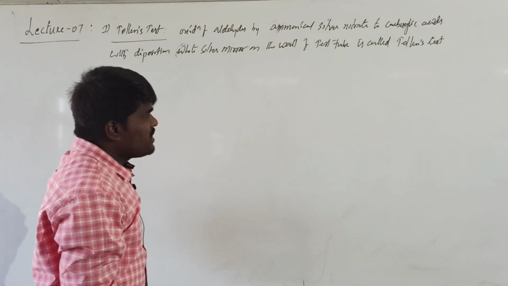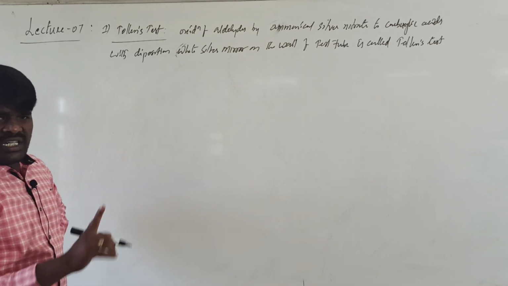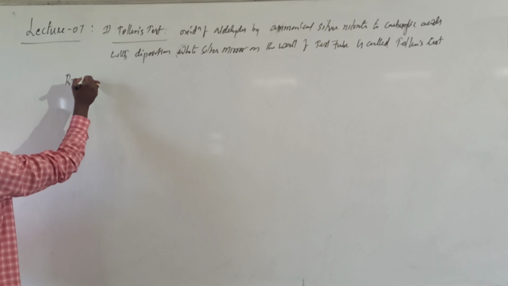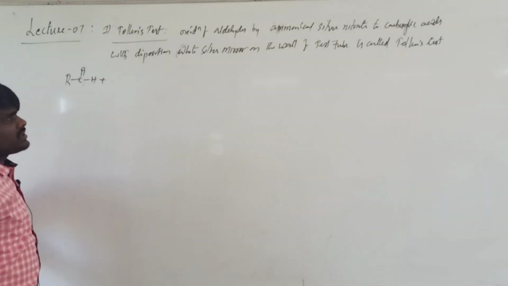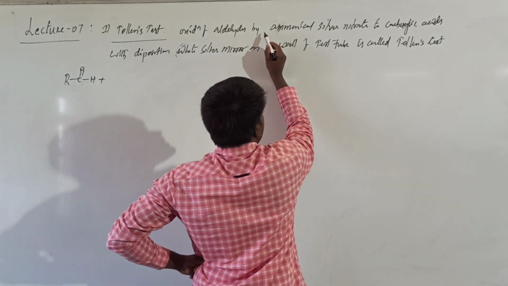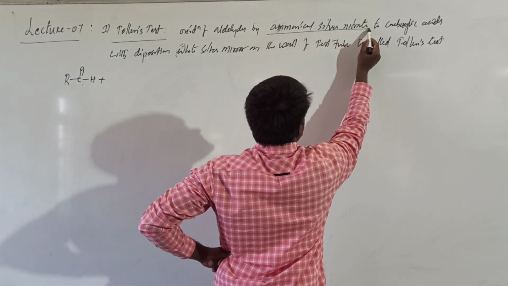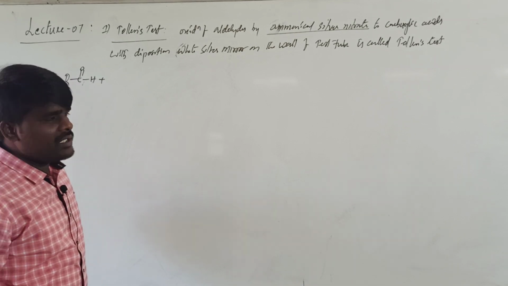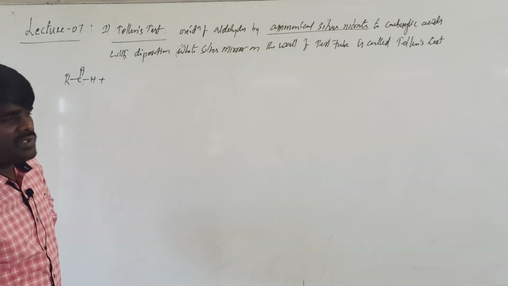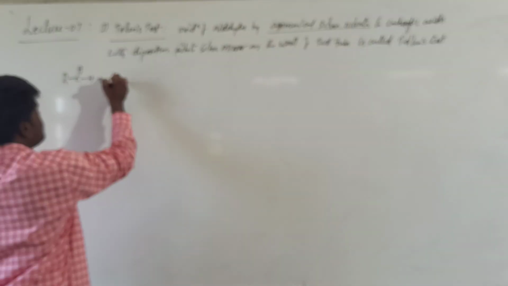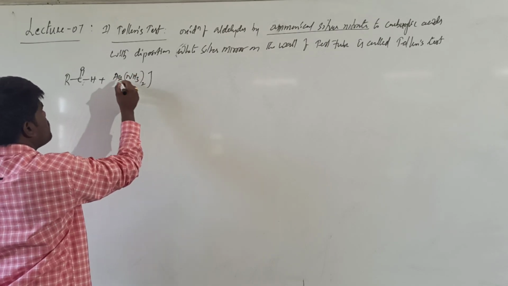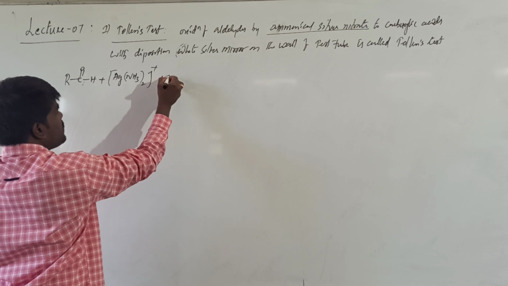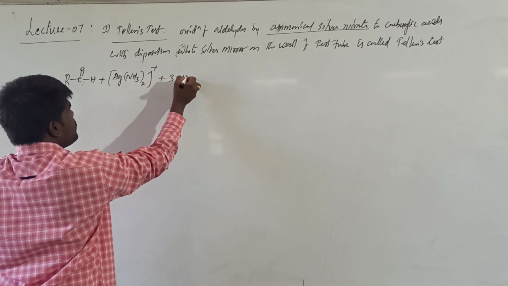Only aldehydes will give this. So what is the general formula? This is the aldehyde. When you treat this with Tollens reagent, ammoniacal silver nitrate is called Tollens reagent. Here we have AgNO3, NH3 taken twice, plus in basic medium 3 OH minus.